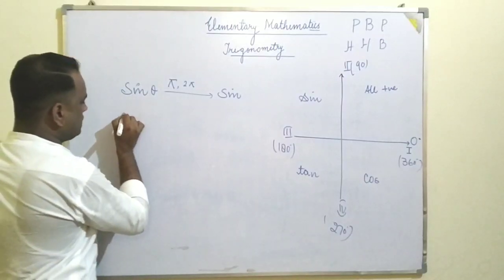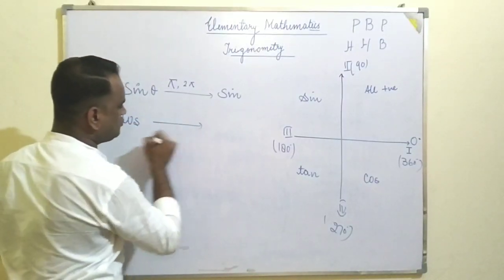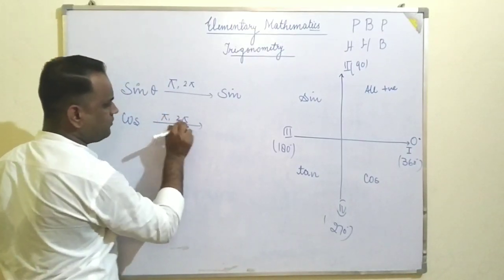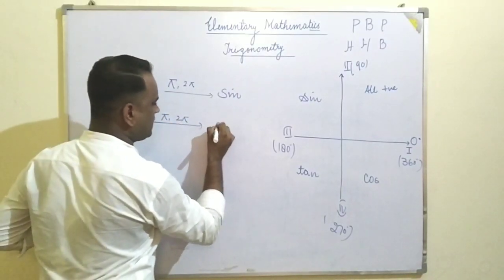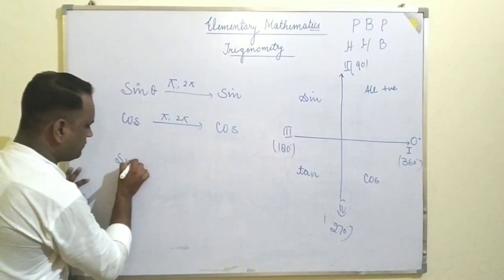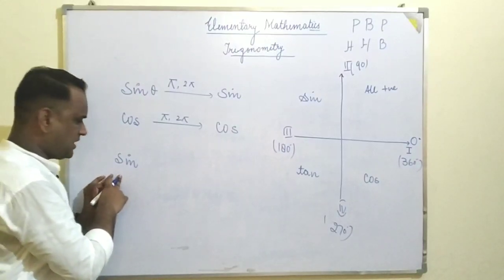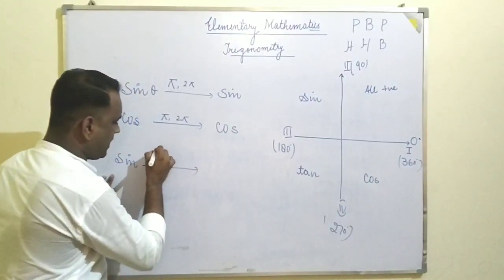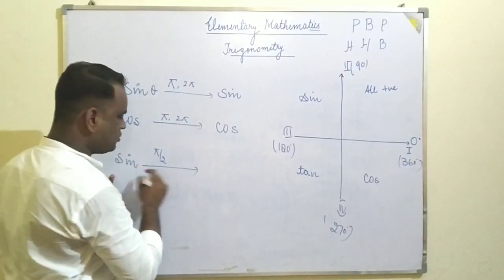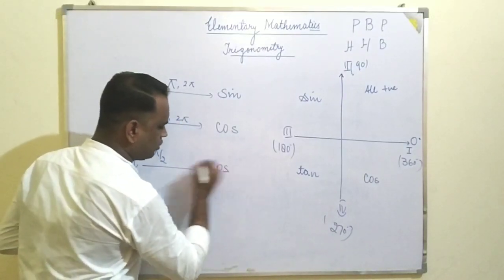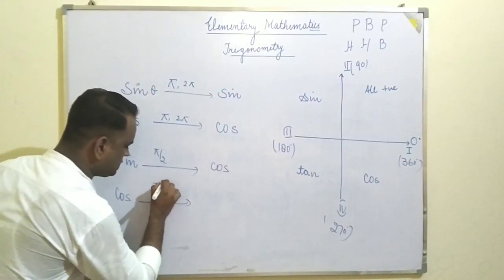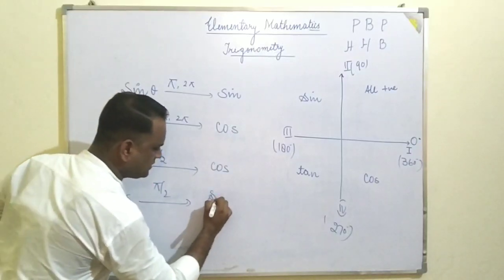If it is cos, the transition of cos takes place from pi to 2 pi, and for 2 pi it will be again cos to cos. If we take the transition of sine in pi by 2, the angle becomes half, meaning 90 degrees, so it changes from sine to cos. And if it is cos and the transition is in pi by 2, it becomes sine.